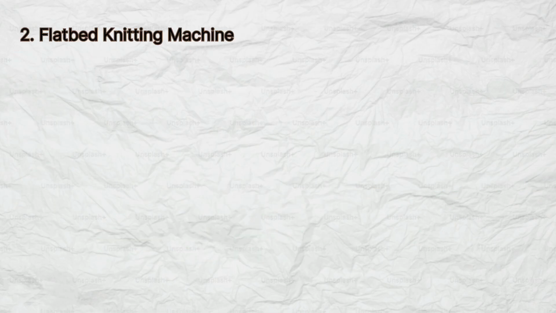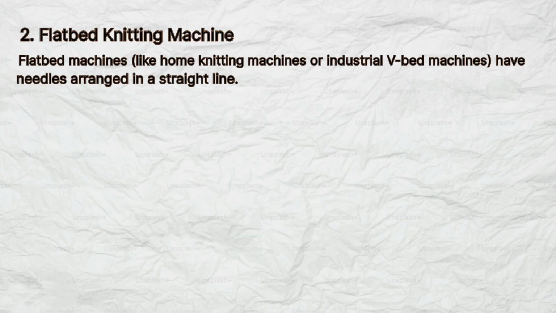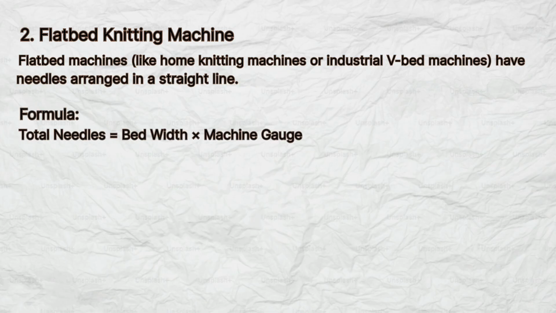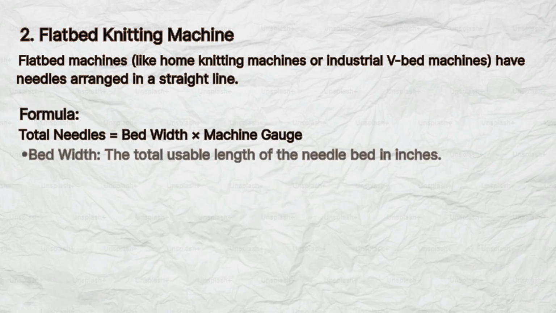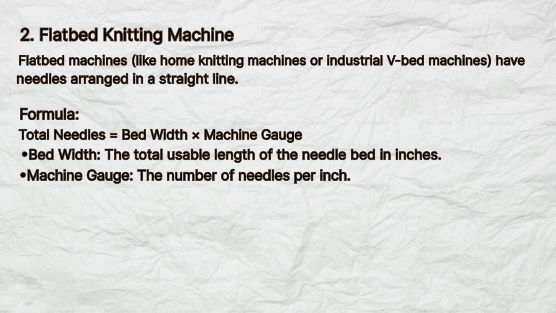In case of a flatbed machine, the needles are arranged in a straight line. The formula to find out the needles in a flat knitting machine is the multiplication of bed width and machine gauge. Bed width is the total usable length of the needle bed in inches, and machine gauge is the total number of needles per inch.